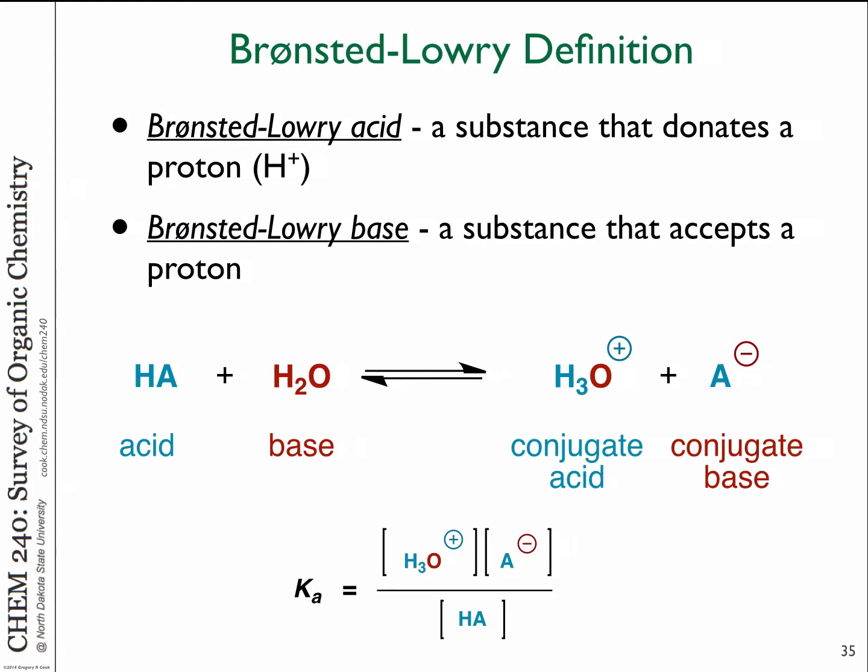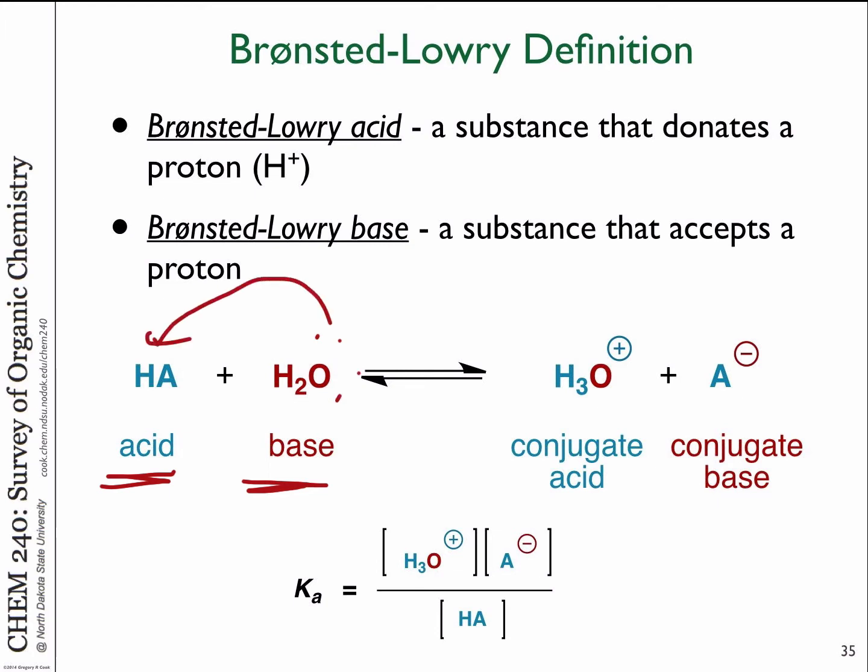Okay, so some other definitions that you will undoubtedly encounter here. When we define an acid and a base on the left side of the equation, here HA is the acid, H2O is the base. The proton transferred to one of the lone pairs on the water.